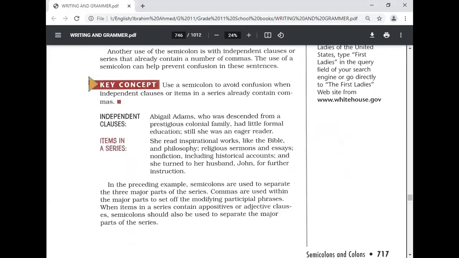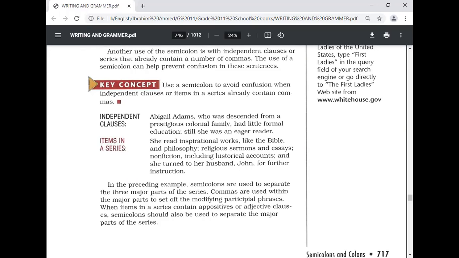Like the example here: Abigail Adams, who was descended from a prestigious colonial family, had little formal education; still, she was an eager reader. Here we have a comma, and here we have a comma, and here we have a semicolon.